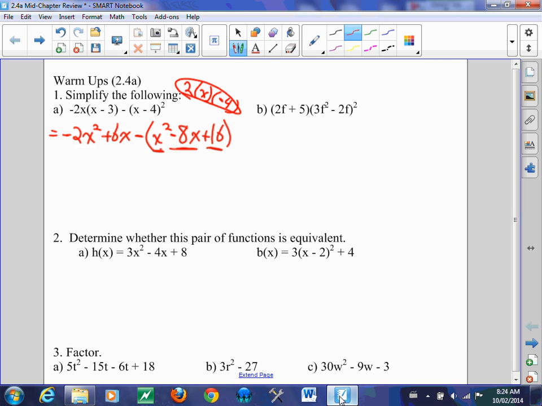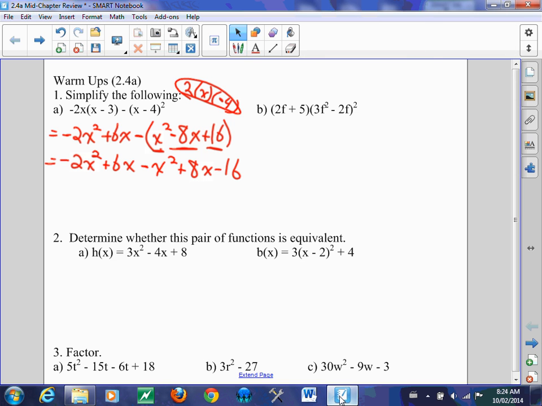All right? Okay, now I've got to apply my distributive law to the negative out front of the bracket. So it's going to be negative 2x squared plus 6x minus x squared plus 8x minus 16. Now, if you wanted to, ladies and gentlemen, save the distributive law, you could have done that after you did the exponent.